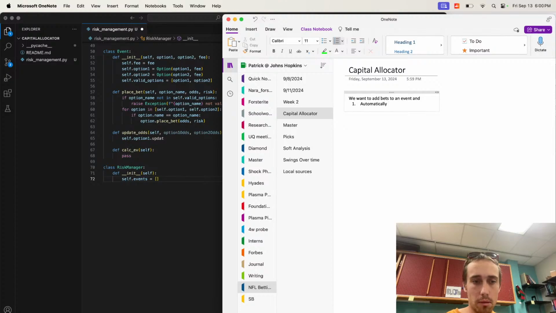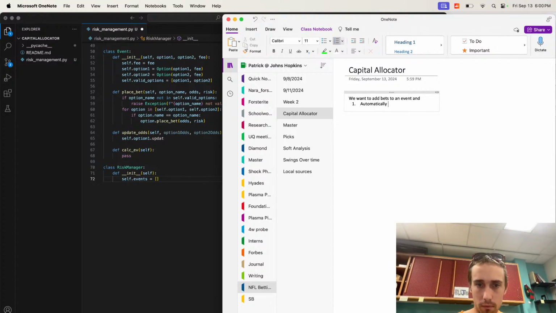We want to automatically calculate risk reward on that event, and then calculate new odds that are worth taking to increase our advantage.